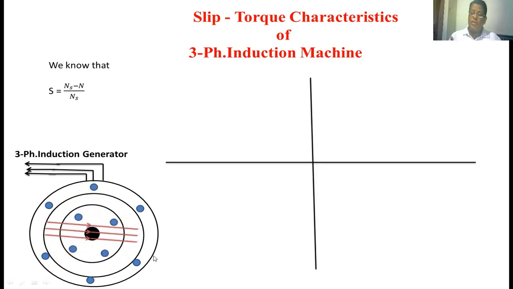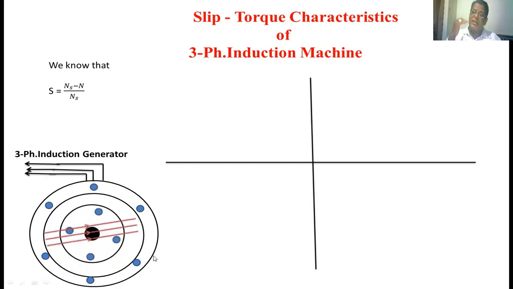A prime mover is one which can give mechanical input to the equipment. So by means of the prime mover, we run the rotor of the induction machine faster than the speed of the stator flux. By that time, the direction of the rotor current changes due to the transformer principle.